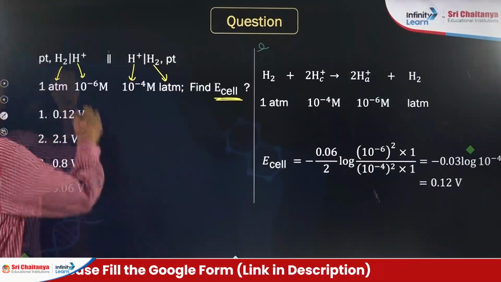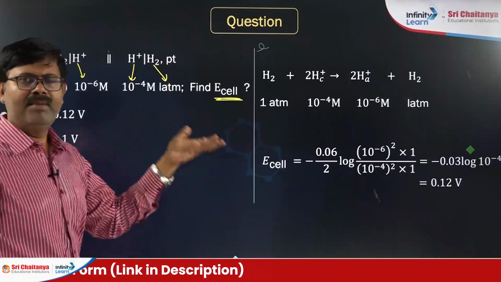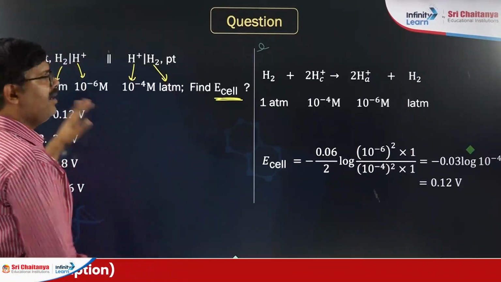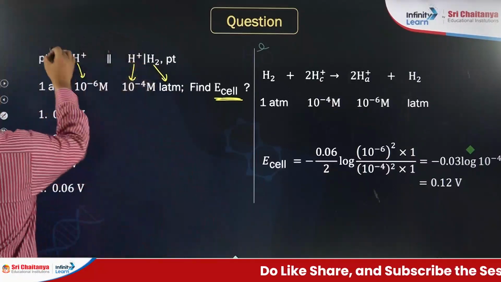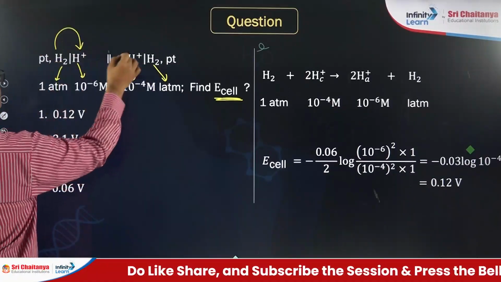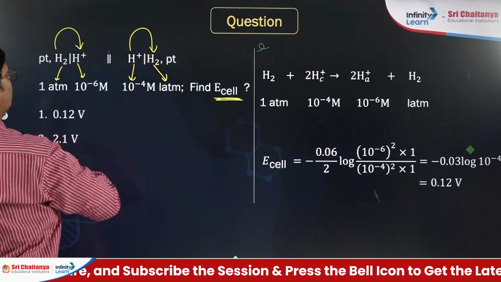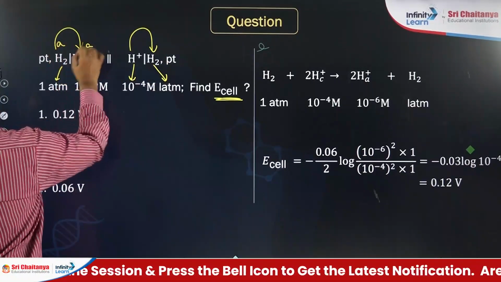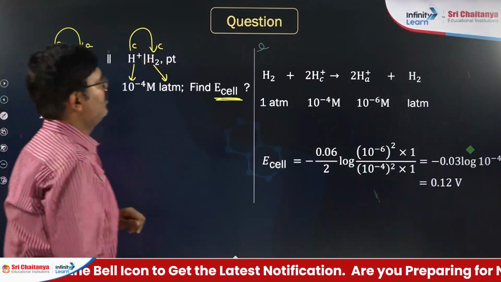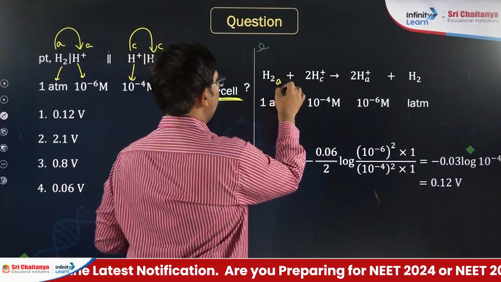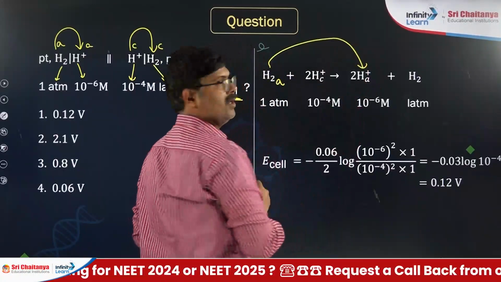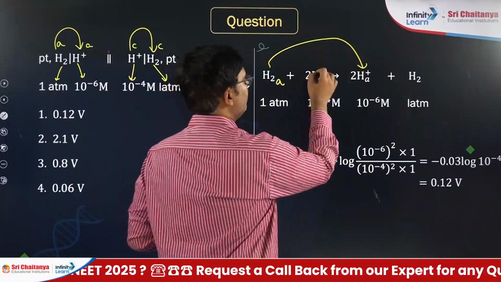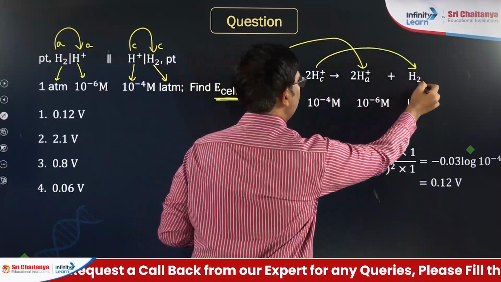So first here see, since both cathode and anode is the same electrode, hydrogen electrode, to avoid confusion, I will put A for anode, C for cathode. Now see here, H2 is converting into H plus, and H plus converting into H2. So H2 at anode converting into H plus at anode, H plus at cathode converting into H2 at cathode.